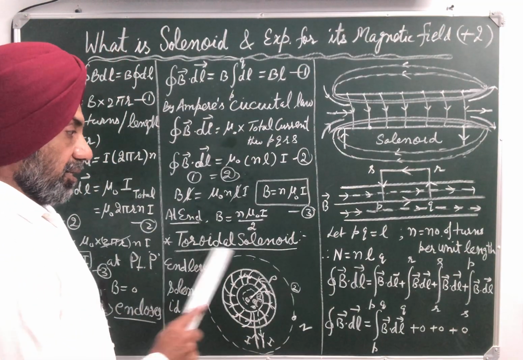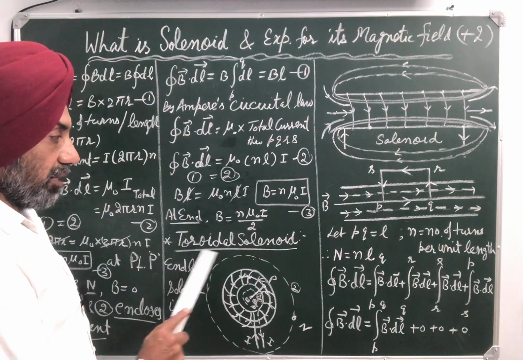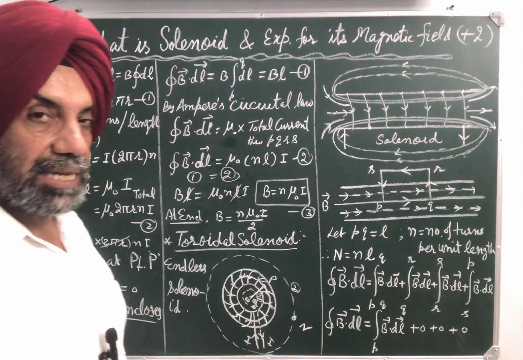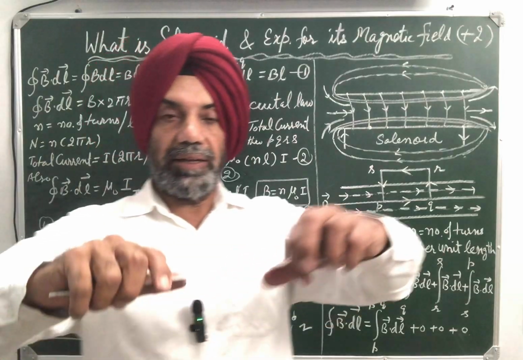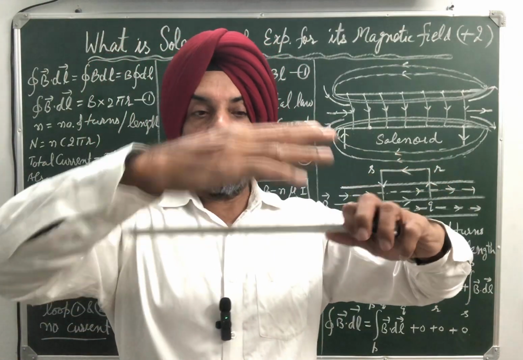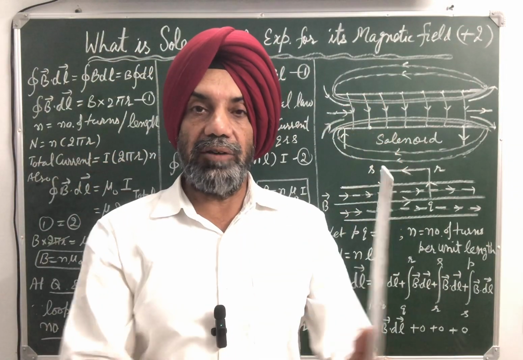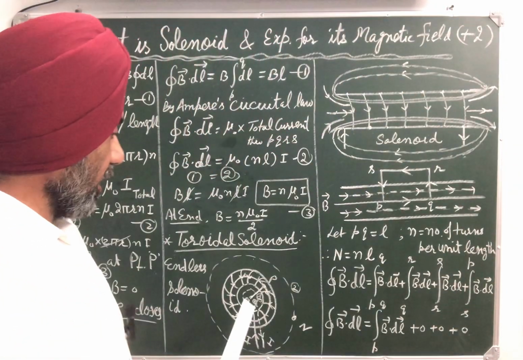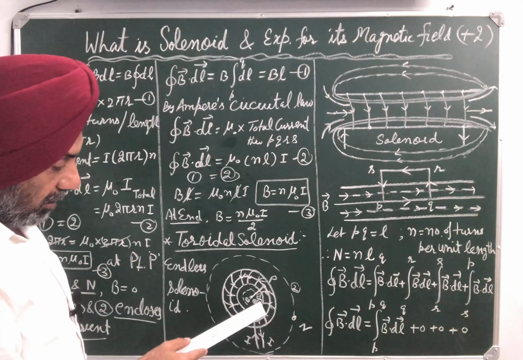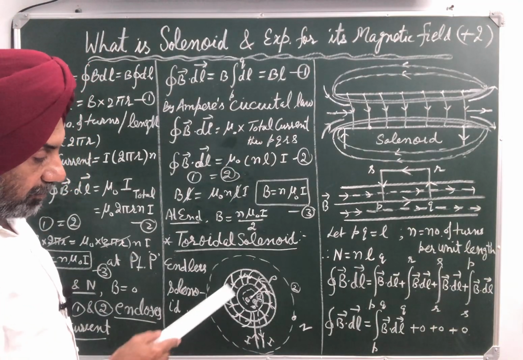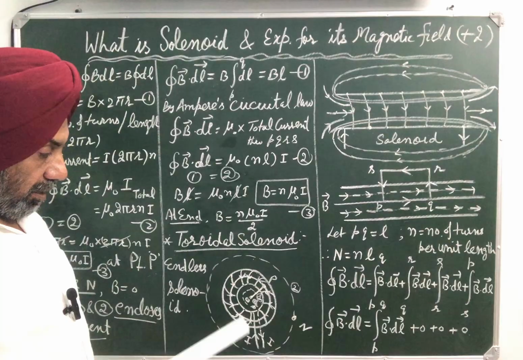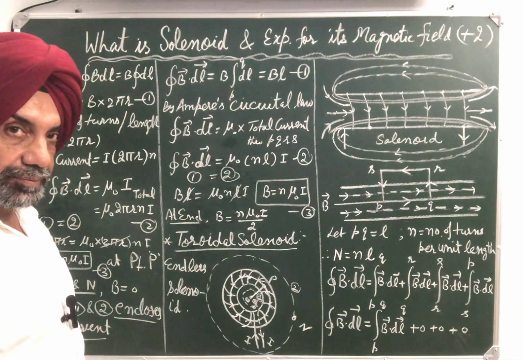Then another shape of solenoid is known as toroidal solenoid. It is an endless solenoid. Suppose we have a solenoid like this having a large number of turns and we convert it to a ring. So it becomes an endless solenoid. So it is a circular ring. Central part is empty.